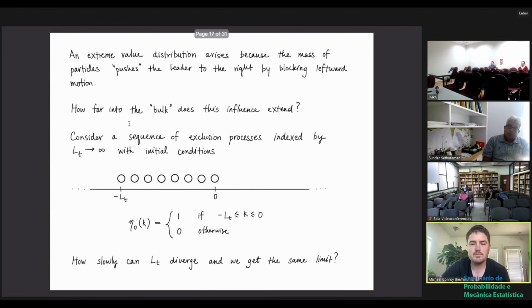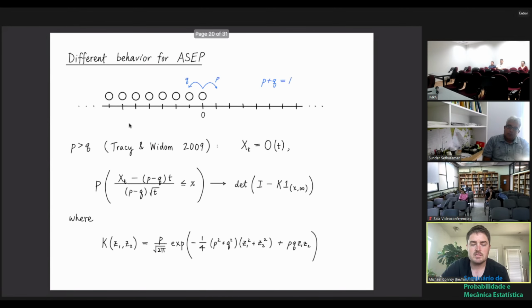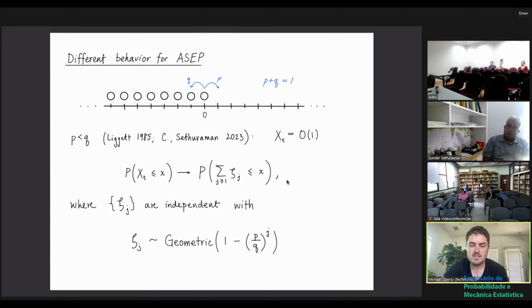For the ASEP result, they use formulas for finite time that they have for any order statistic. So in theory you could analyze those formulas and see what happens in that limit. For this case, I'm not really sure how you'd go about that.